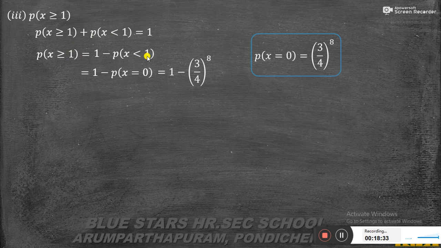So x less than 1 means the lesser value of 1, which is 0, x equal to 0. We calculated the probability of x equal to 0: the answer is 3 by 4 whole power 8. I substitute, so 1 minus 3 by 4 whole power 8. This is the probability of x greater than or equal to 1.